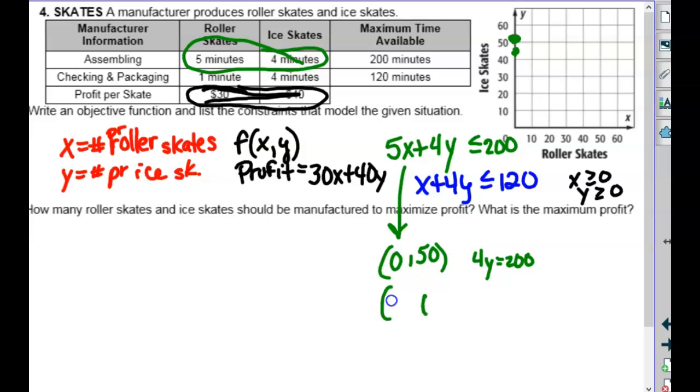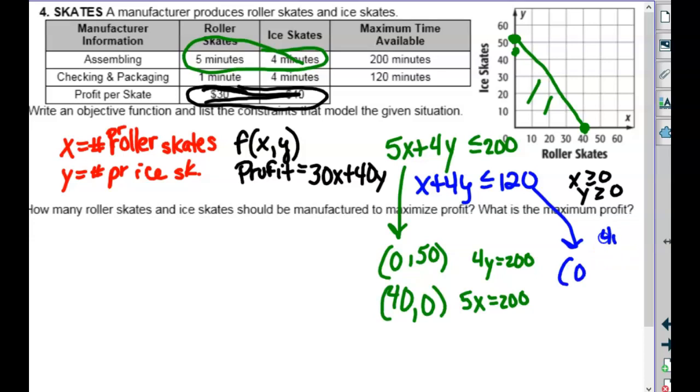The second one would be when y equals 0. So it would say 5x equals 200, which would be 40. So over here at 40, 0. Then I'll try this one in blue. If x is 0, it'll say 4y equals 120, which would be 30.